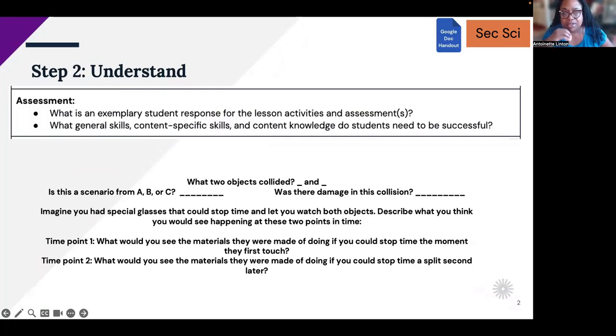Does the behavior in the objective actually match the thinking students are being asked to do in the assessment? Because if the objective says develop a model or construct an explanation or analyze interactions, but the assessment only asks students to label, define, or identify, then the alignment is lost and you haven't taught what you think you've taught.